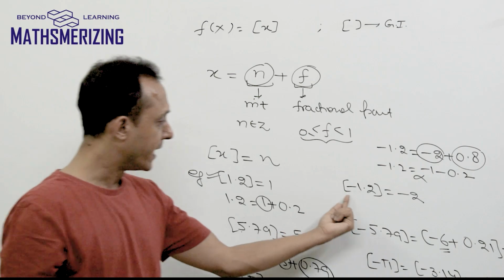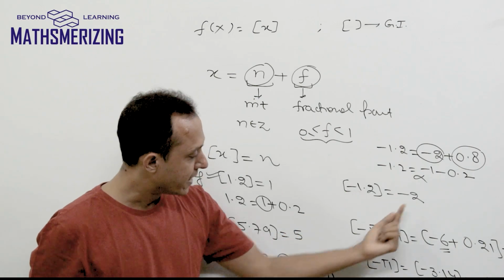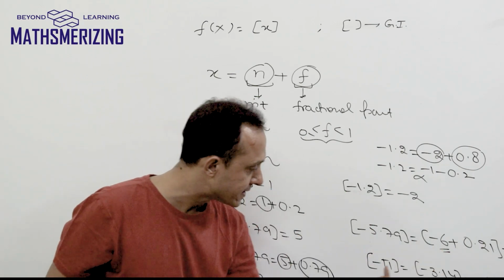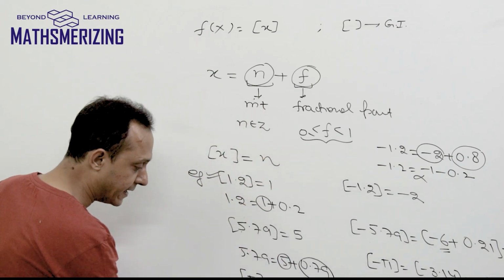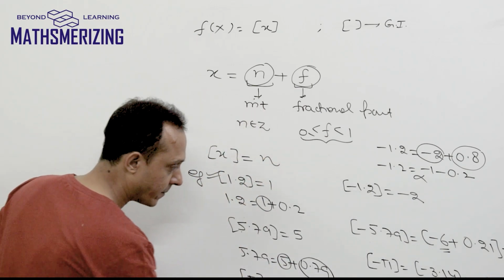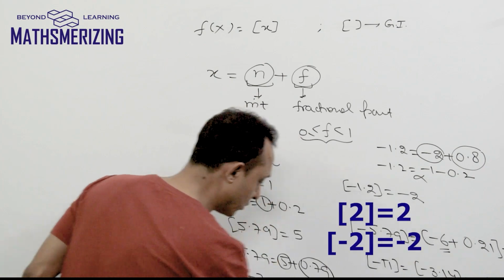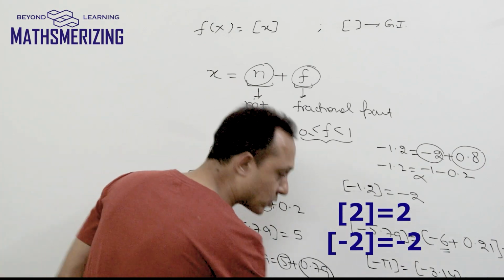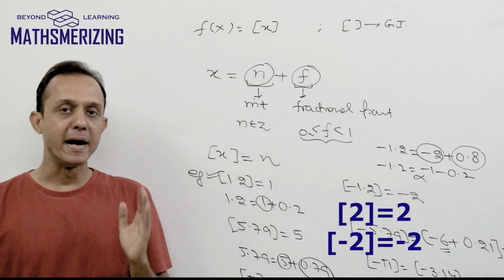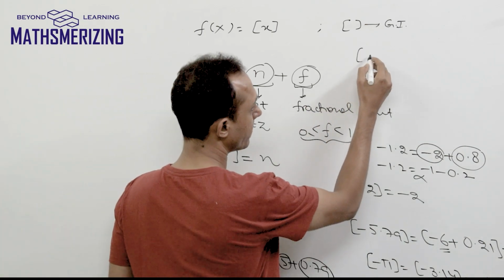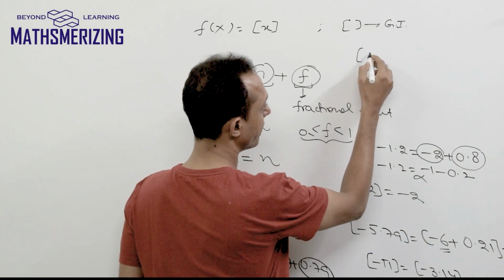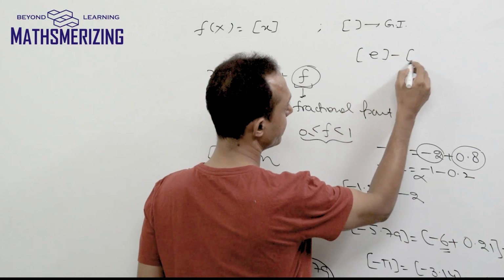For the negative numbers, minus 1.2 gives minus 2, minus 5.79 gives minus 6, minus 3.14 gives minus 4. And in case it is an integer, then the greatest integer function is that number itself. So if it is 2, then it will be 2, and if it is minus 2, then it will be minus 2.